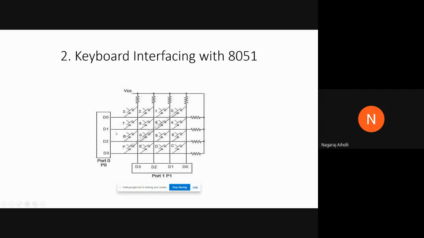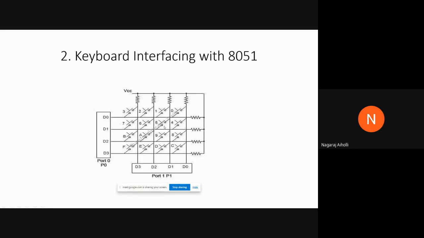Okay, 0 is sent on row D1. If key number 5 is pressed, then column D1 will go low, because the VCC is shorted to ground, to 0, through key number 5. So key number 5 is the intersection of row D1 and column D1. The intersection is the one which tells which key has been pressed.